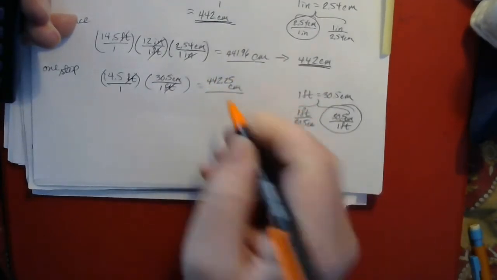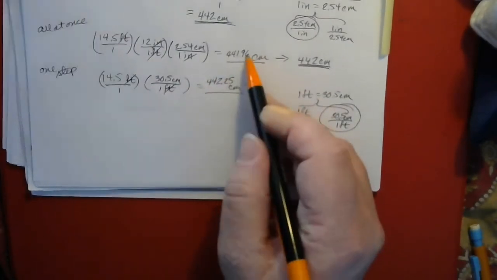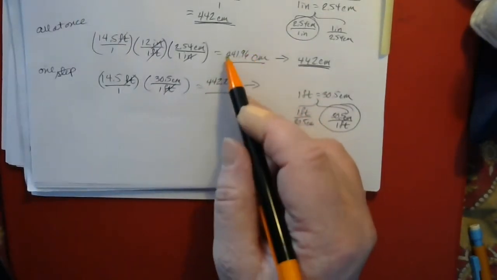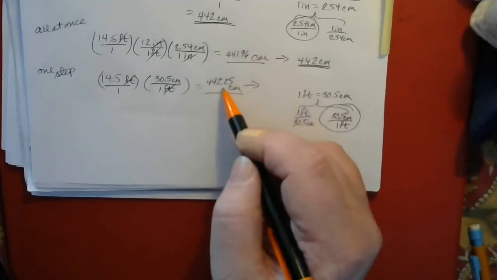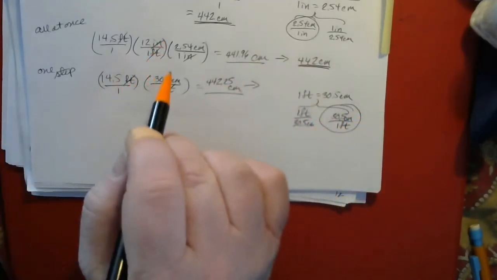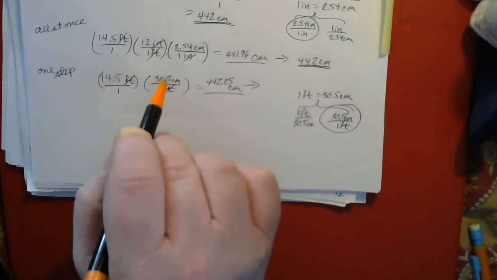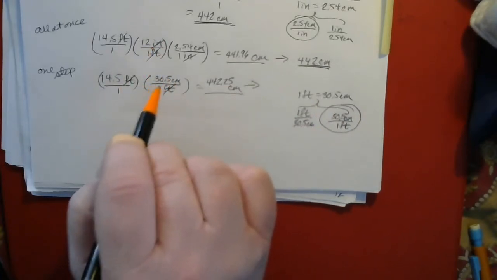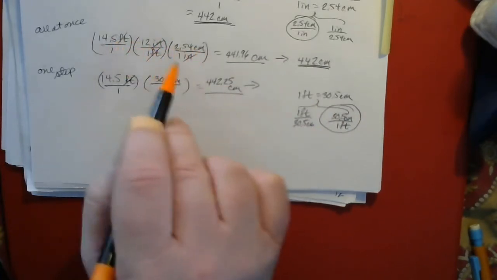442.25. Now you might look at that and say, wait a minute, that's not the same as it was up above. That was 441.96. But remember significant figures. This is a little bit different because this was rounded off a little bit differently than these conversion factors were.